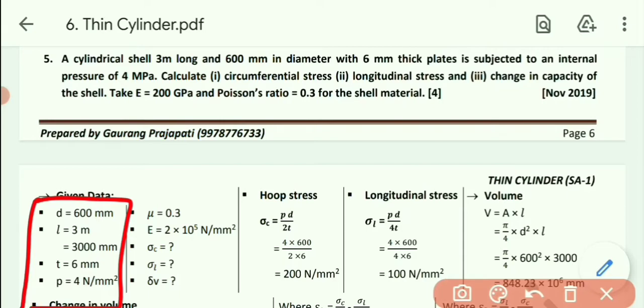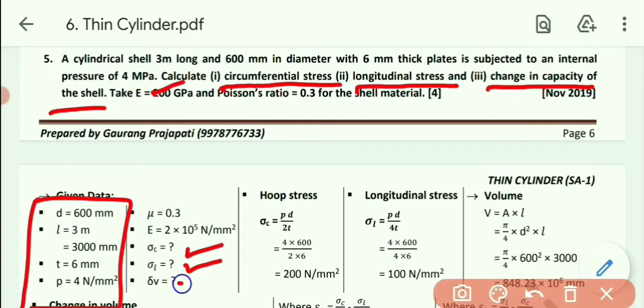Now calculate number 1, circumferential stress, that means sigma c. Second, longitudinal stress, that means sigma L. And third, change in the capacity of the shell. Change in the capacity of the shell means we need to calculate its volume change, that is delta V. Capacity means its ability to store the fluid in it, so ultimately it will be volume.